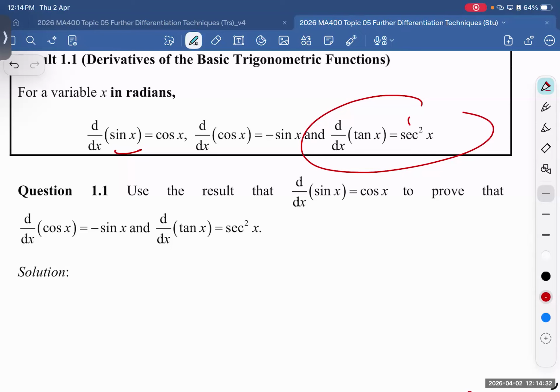Write tangent as sine over cosine. Differentiate tangent, right? This is our graph. We are finding the gradient of this graph. Let me write it as sine over cosine.